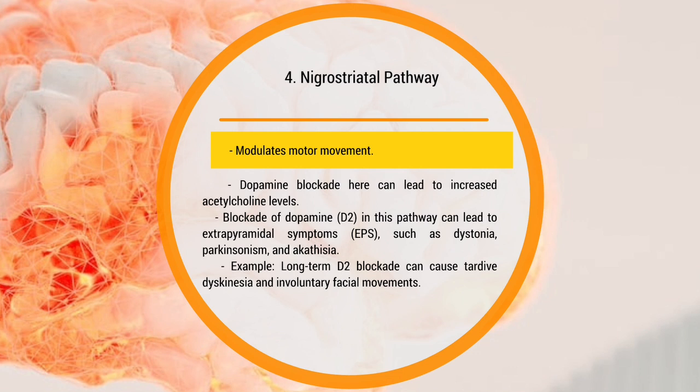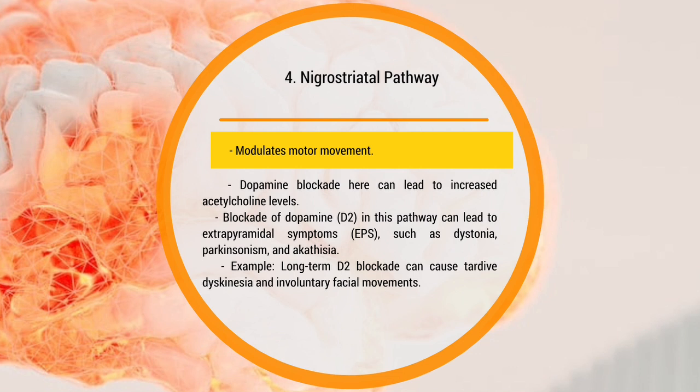If the dopamine is up, acetylcholine is down. If the acetylcholine is up, then the dopamine is down. So in the nigrostriatal pathway, your motor movement here has to do with the blockade of the dopamine, and because of that, you have an increase in acetylcholine.